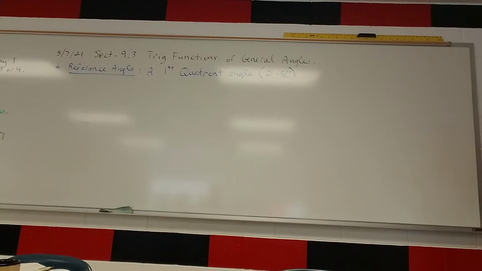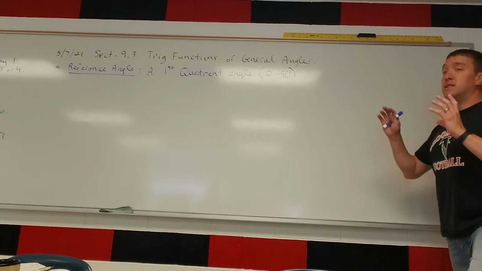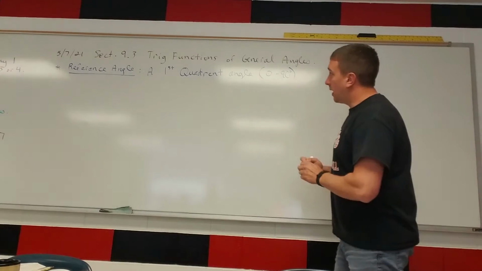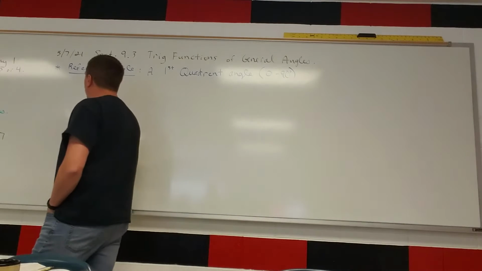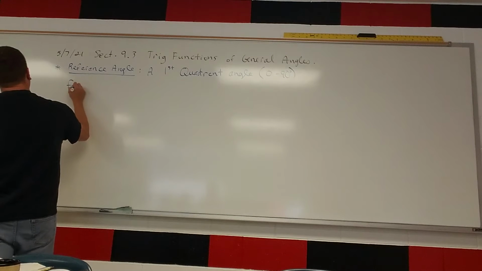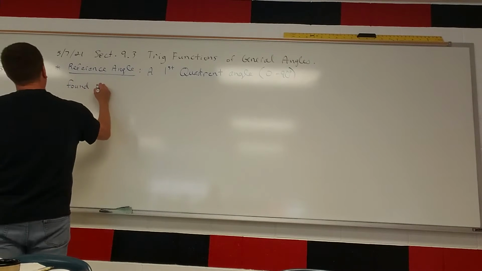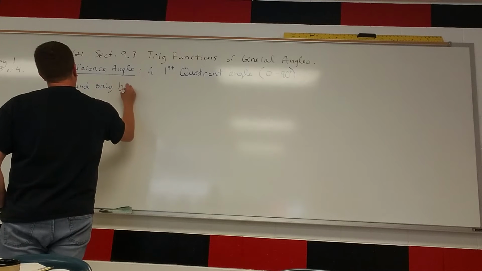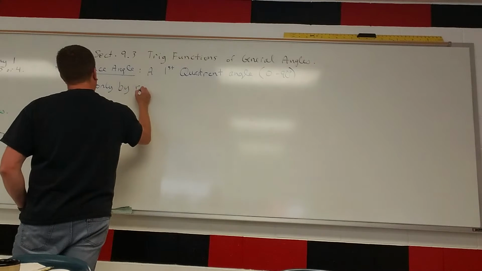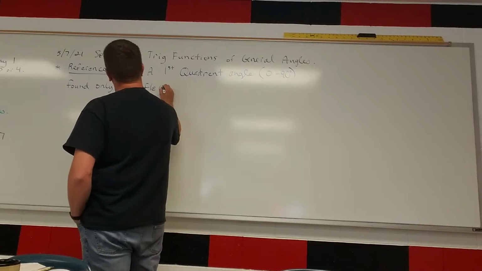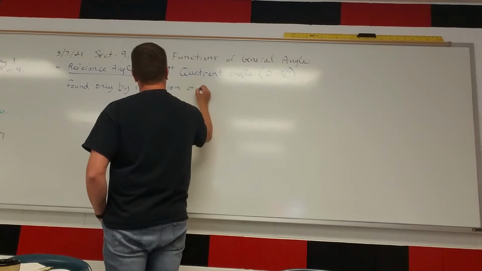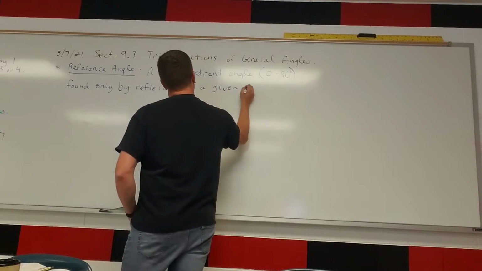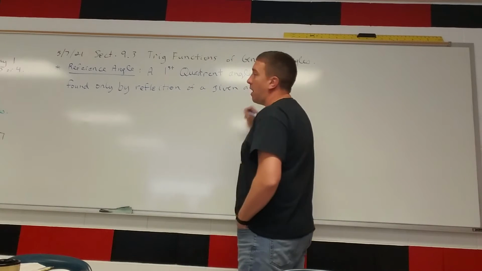Okay, but we're talking specifically a quadrant 1, 0 to 90 degree angle. Okay, so a first quadrant angle, 0 to 90 degrees, found only by reflection of a given angle. And just get that copied down and don't worry about it.